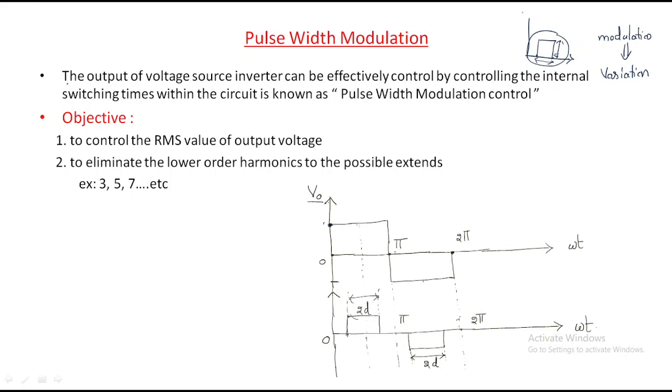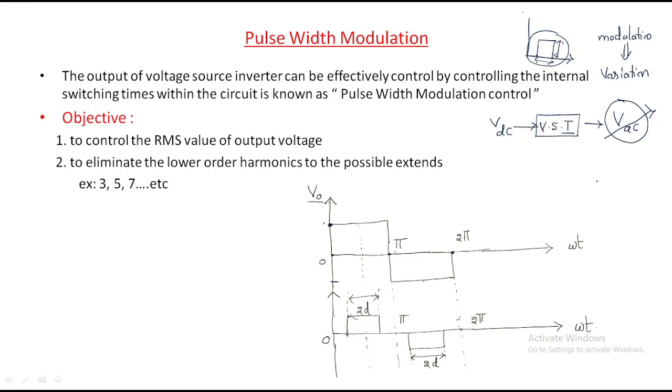Look here. The output of the voltage source inverter can be effectively controlled. What is the application of a voltage source inverter? Simply, it converts DC voltage into AC voltage. This output can be effectively controlled by the internal switching times.